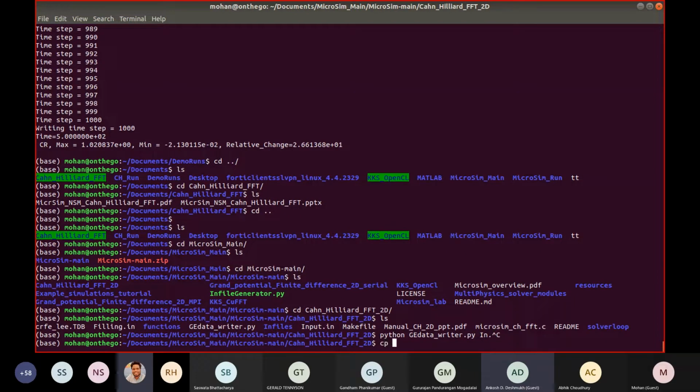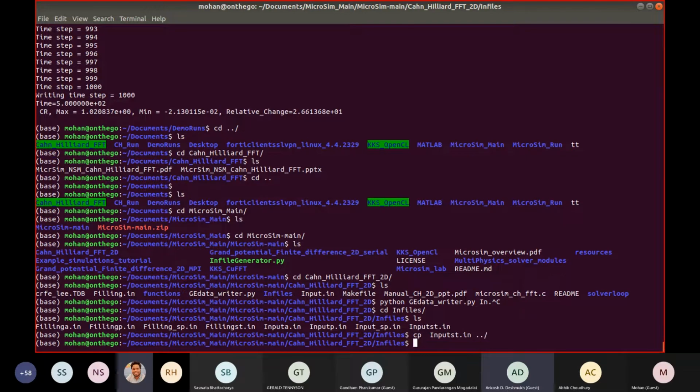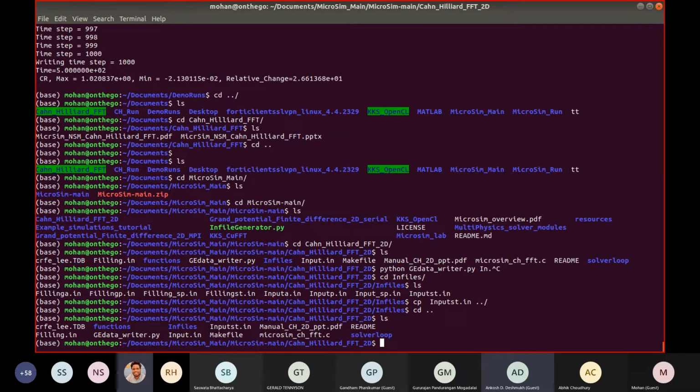So let me copy it to avoid all these confusions. cp in files, in file, so let me check files, cp input. Yes, now we have that in file.